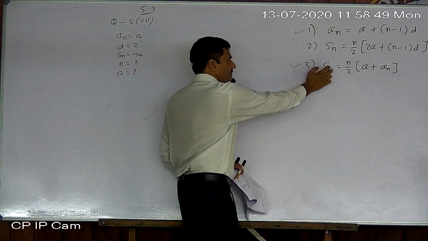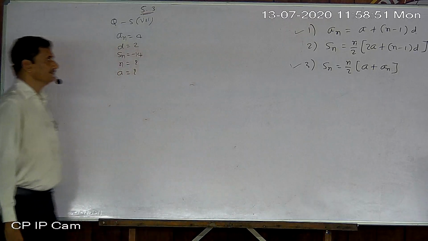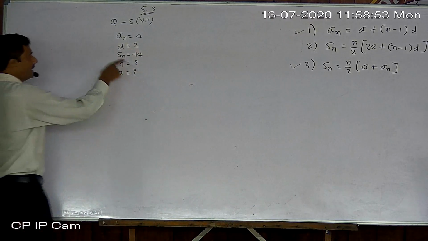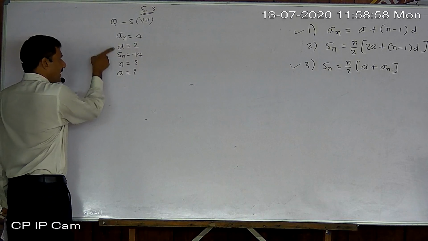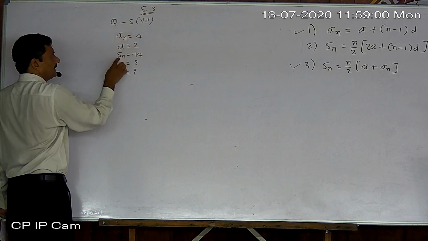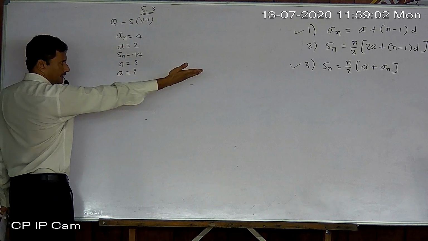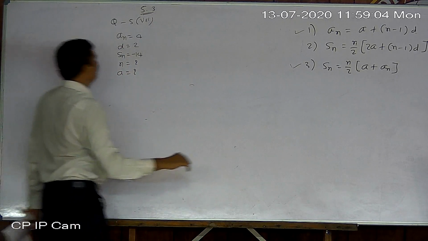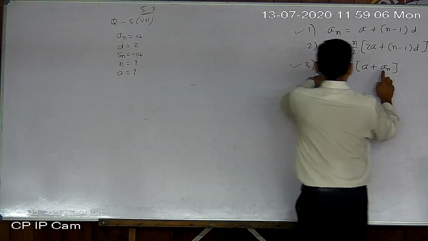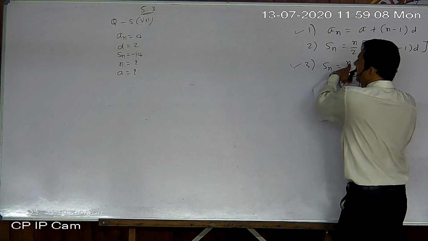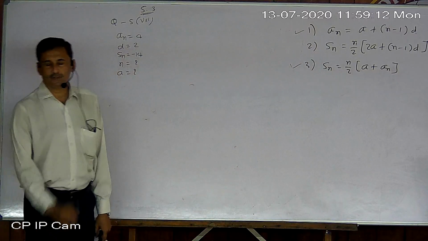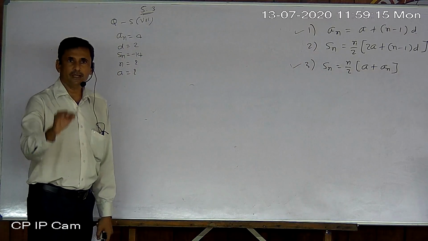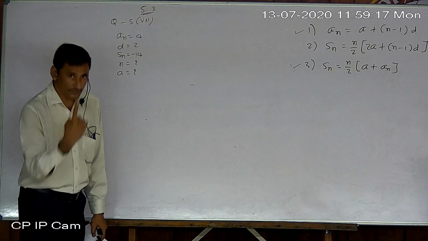Now look at the third one also. a_n given, S_n given, d given, but d is not there in the third one. But again n and a are not given. So you understand? Not a single equation can find any one variable independently.